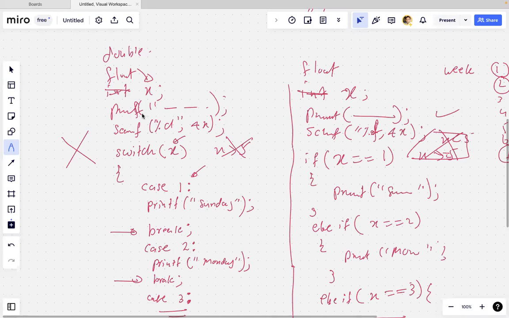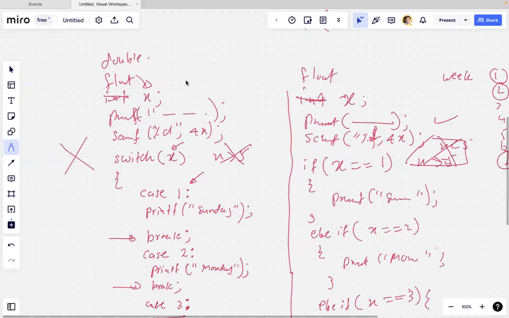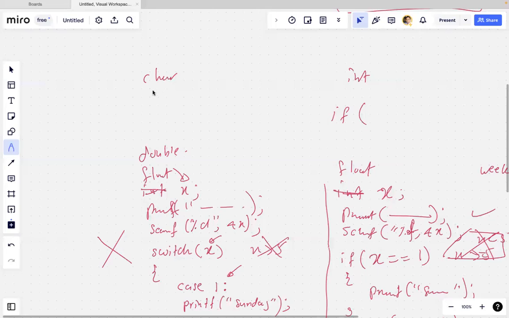Only the floating point numbers are not allowed. So only the whole numbers. Whole numbers mean integer, byte, likewise char, byte, int, that which support whole numbers. Char also, you know that char is 8-bit.